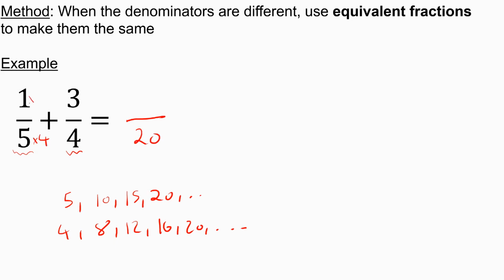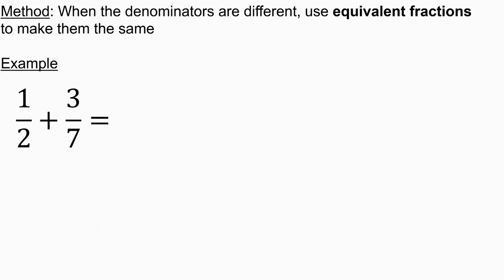So I multiply numerator and denominator of the first fraction by 4. And the second fraction, I would need to multiply numerator and denominator by 5, giving me 15/20. So my final answer is 4/20 plus 15/20, which is 19/20. And this cannot be simplified.